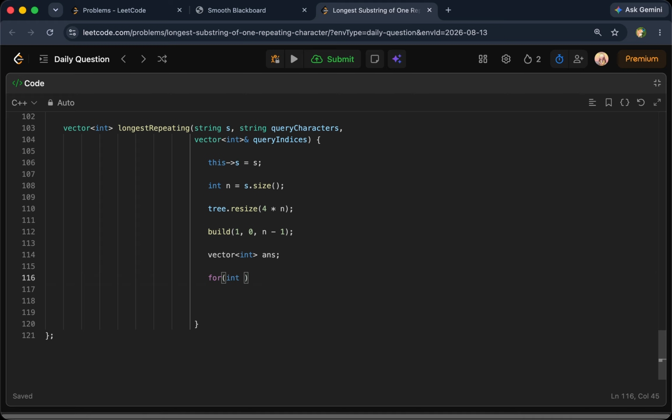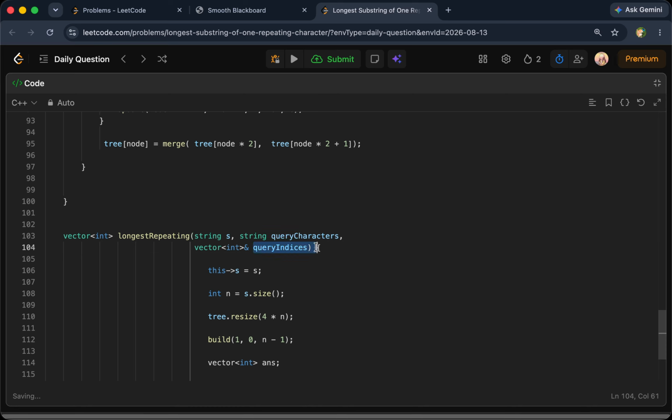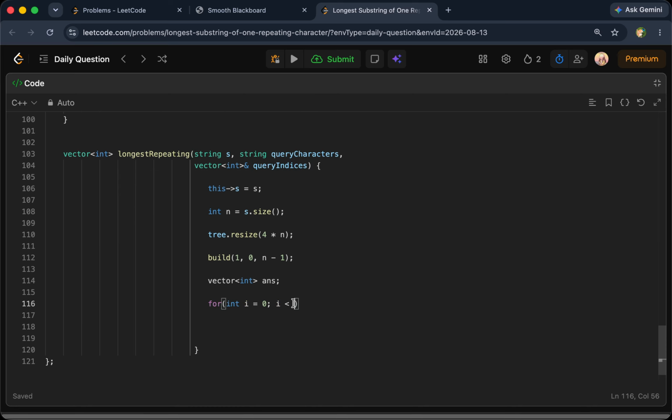So a loop: for int i is equal to 0, i is less than queries dot indices dot size, then i plus plus. And idx is equal to indexes of i, then ch of c is equal to character of i.